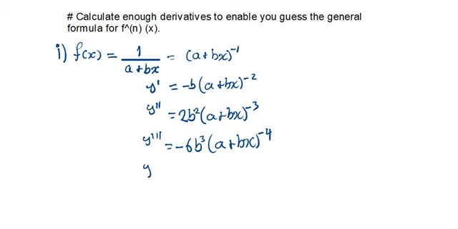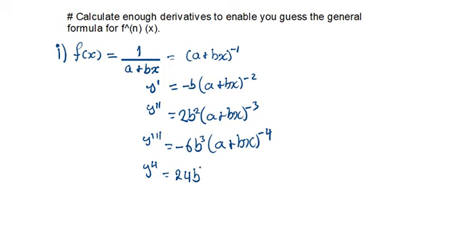For the fourth derivative, we multiply the negative 4 by the negative 6, and we get 24. So we get 24, then the b to the power 3 multiplied by the b, which is the derivative of what we have inside.